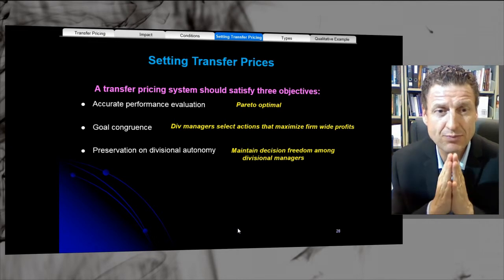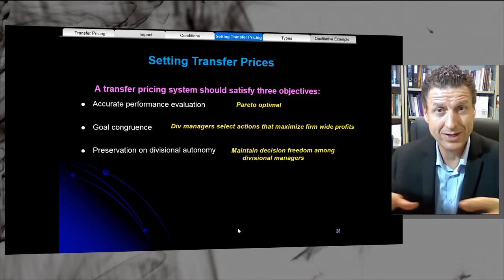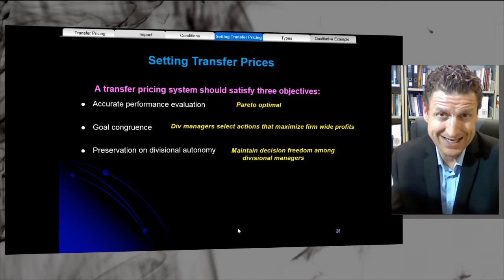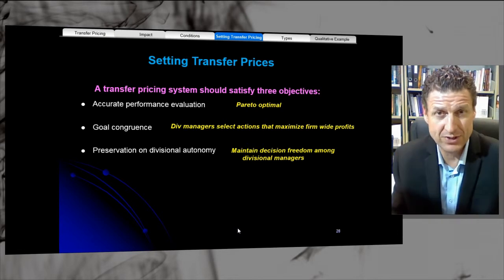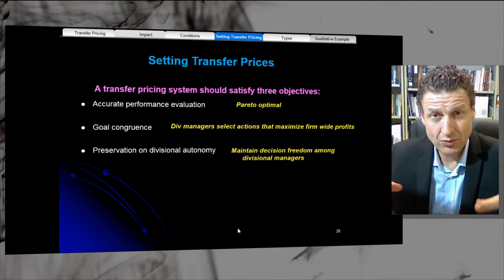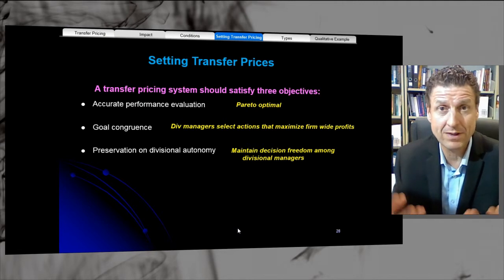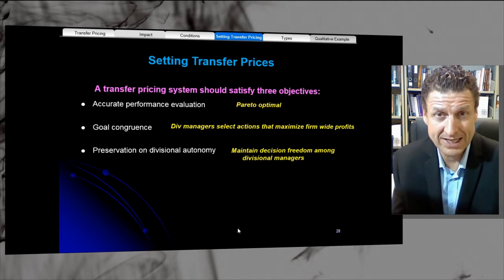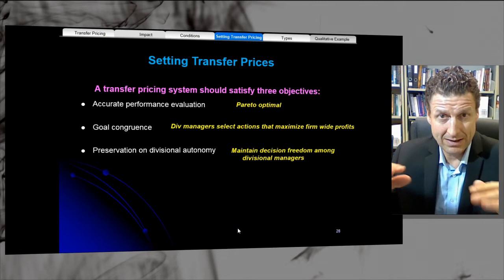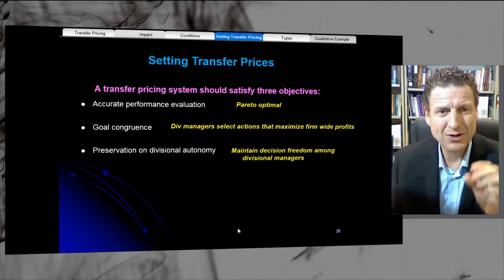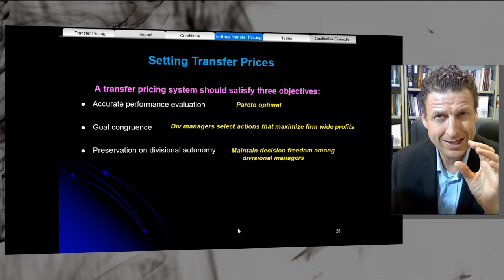And also we want to preserve divisional autonomy. So we've given divisions opportunity to grow and to make decisions, not have to refer to head office all the time, not have to refer to one another all the time. So we try to keep that decentralized environment working for the benefit of the organization to maximize how we manage the knowledge transfer costs. Yes, so we want to try and get some accurate measure of performance valuation.